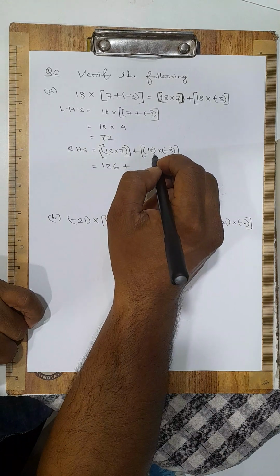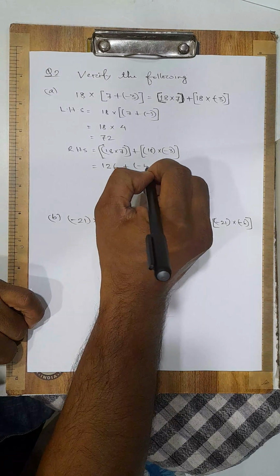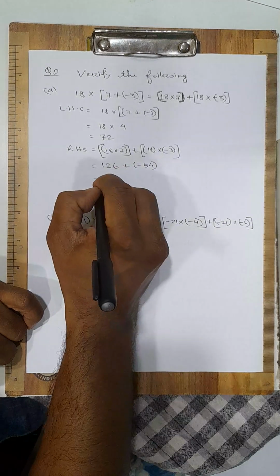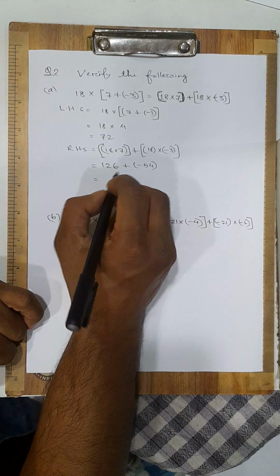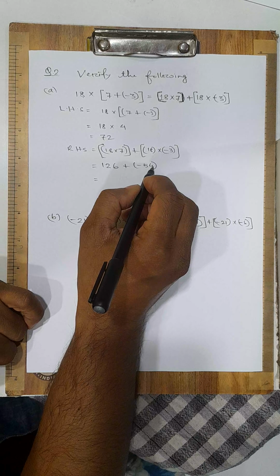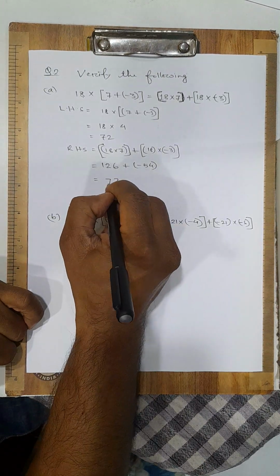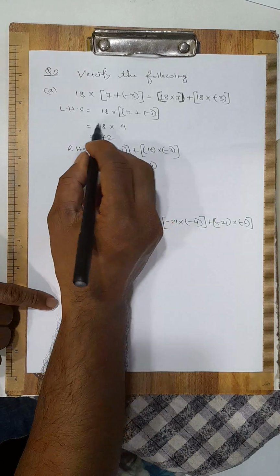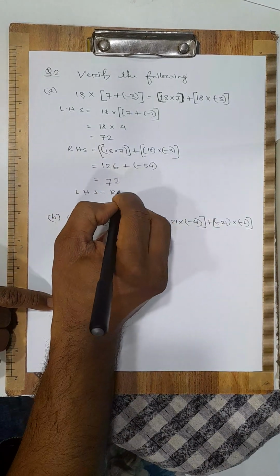The product of a positive integer and a negative integer is negative, so it is minus 54. So you find the larger integer is positive, so the answer will be positive. So find the difference: 6 minus 4 equal to 2, 12 minus 5 is 7. 72. So we find that the left hand side and right hand side are the same. Left hand side equal to right hand side.